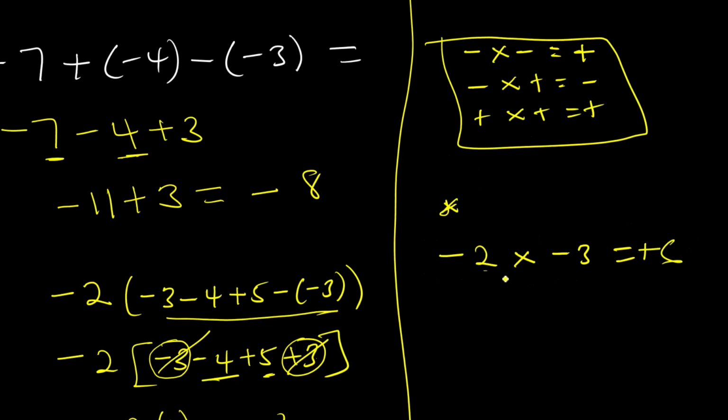Then minus times plus: minus 4 times 2. 4 twos are 8, so I'll add a negative, minus 8. And this one is pretty simple: if you multiply two positive integers, you end up getting a positive integer.